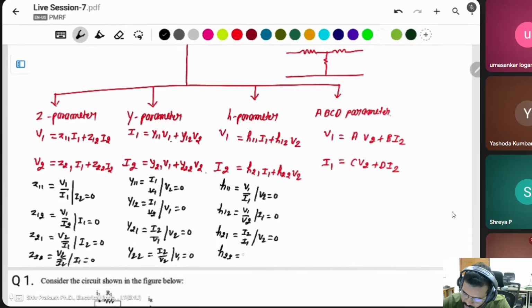H22 is I2 by V2, when I1 will be 0. Okay, the A parameter of ABCD is V1 by V2, when I2 will be 0. B parameter is V1 by I2, when V2 will be 0.